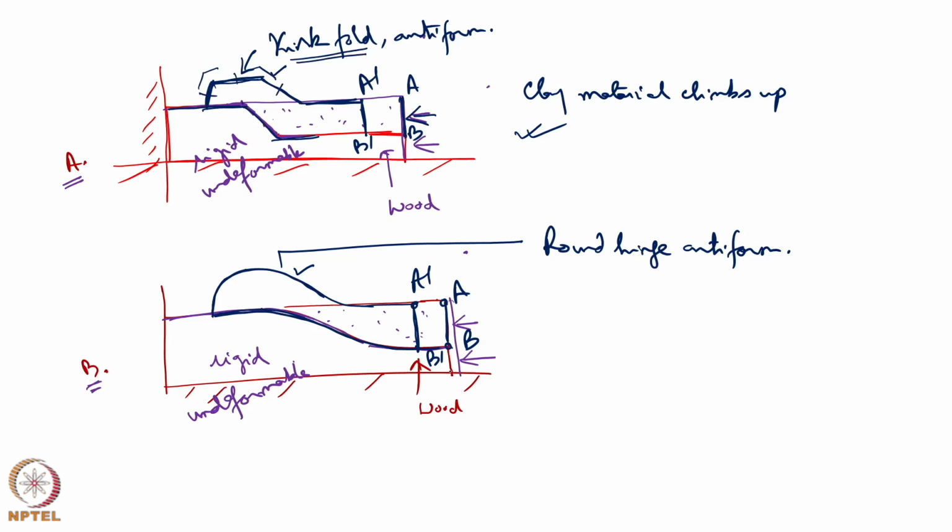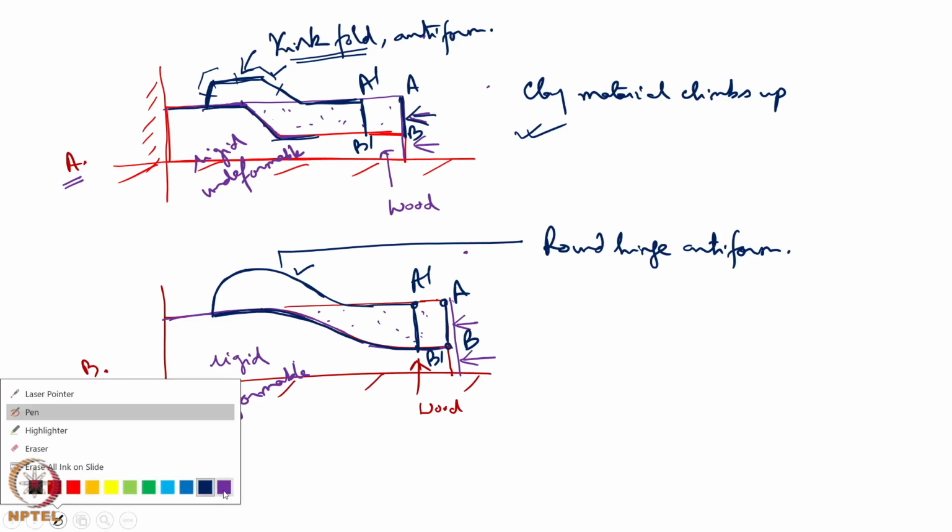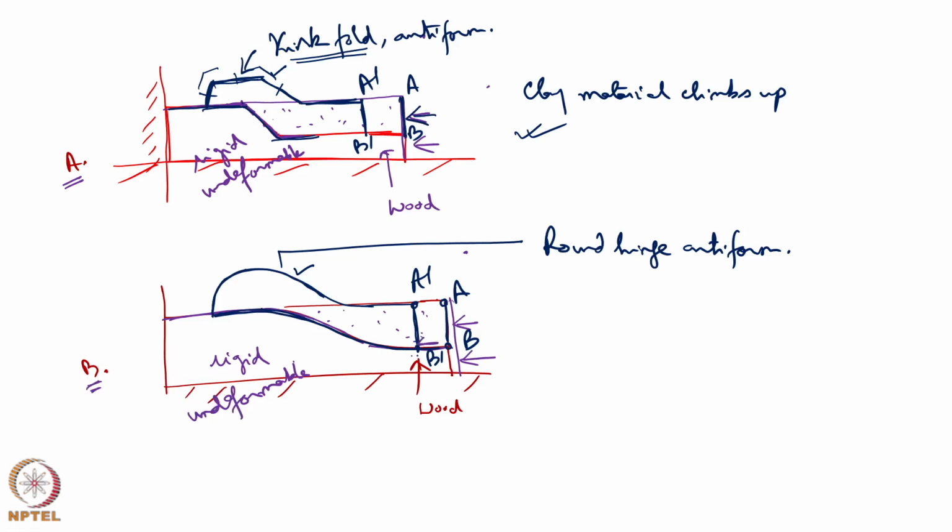During this process of translation of the clay material, fault movement takes place. We can put half arrows like this, and we can also put half arrows like that. And here within this portion, we can see that the hanging wall material moves up with respect to the foot wall material, which defines a reverse fault.